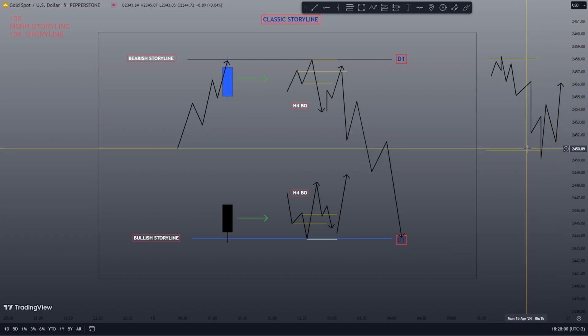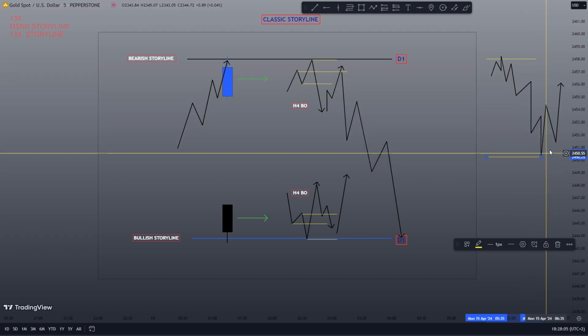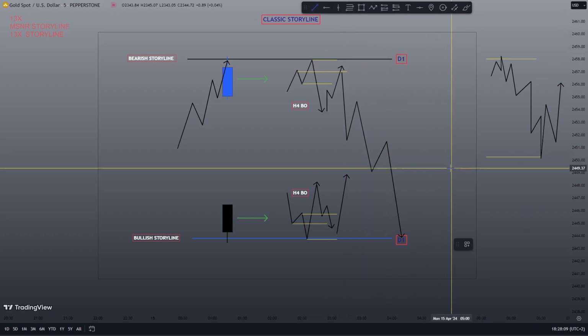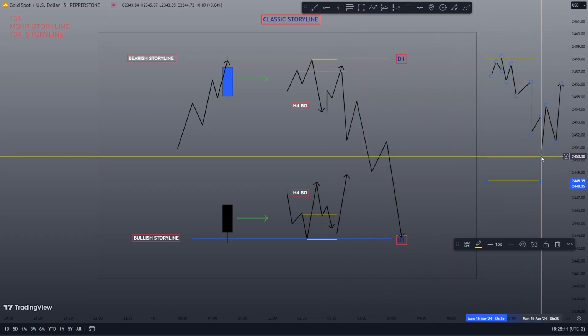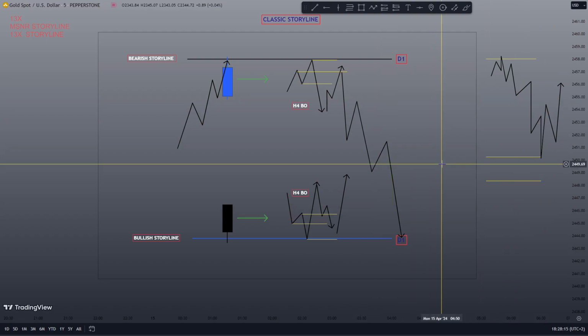If H4 breaks our daily level, we hold our trades for another daily fresh level. So this is all about the classic storyline. Now let's see the 13x storyline.